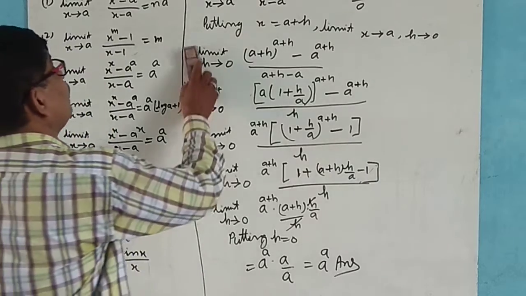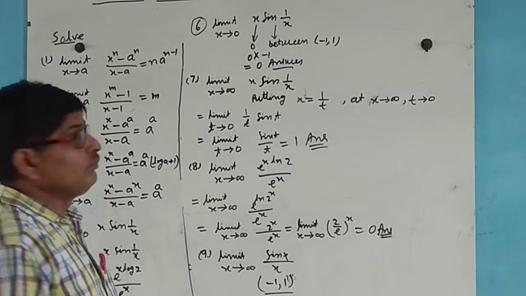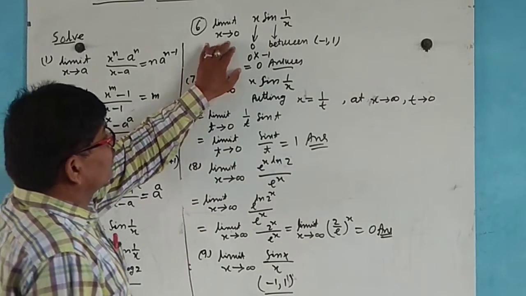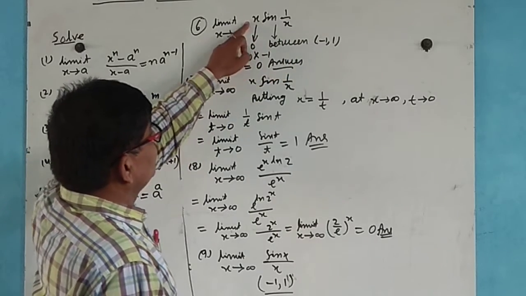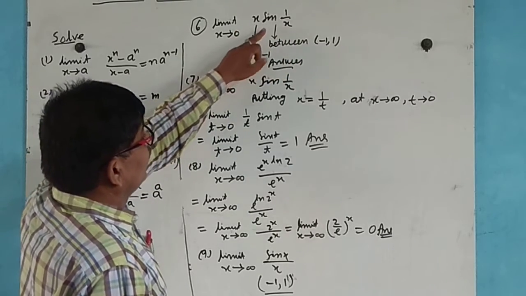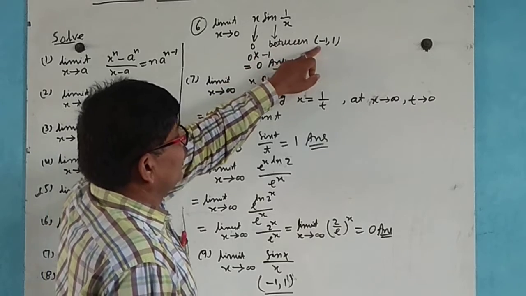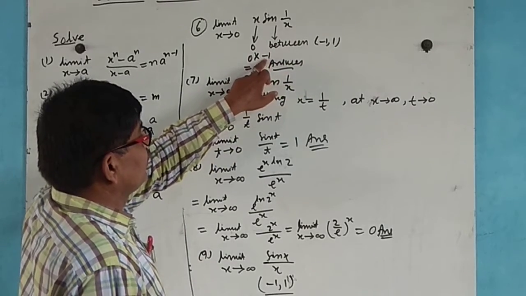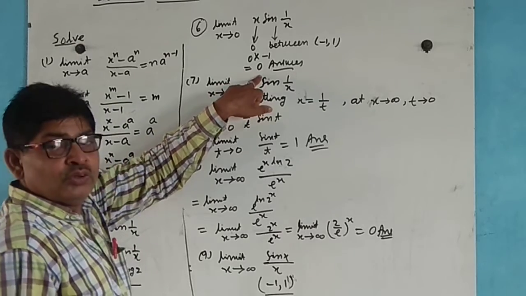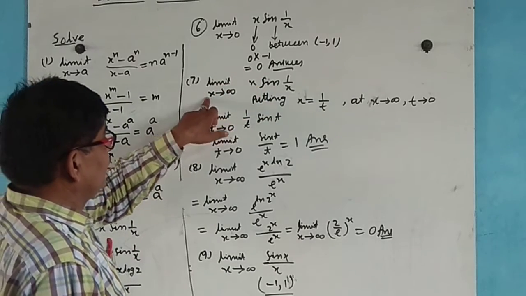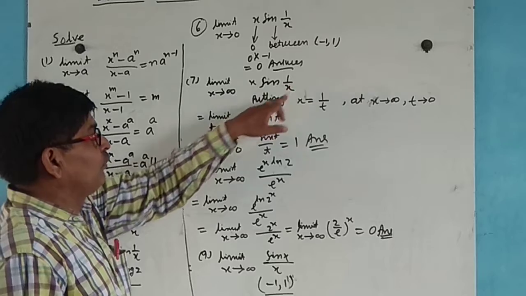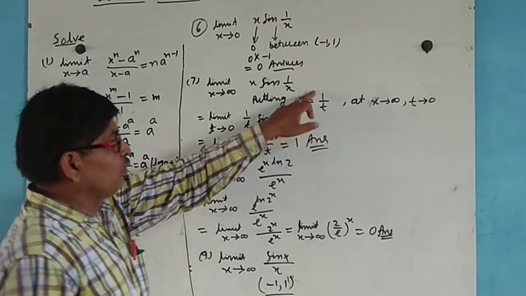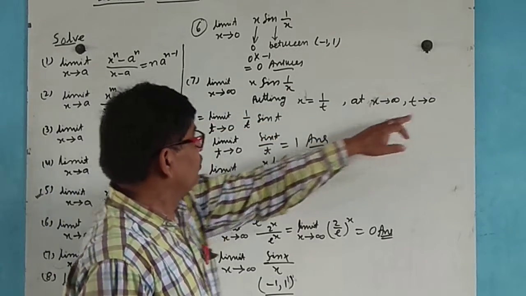Now we get limit x tends to 0, x sin 1 by x is equal to 0, and this value varies from -1 to 1, so if you take -1, it is equal to 0, and limit x tends to infinity, x sin 1 by x, putting x equal to 1 by t, so that t tends to 0.